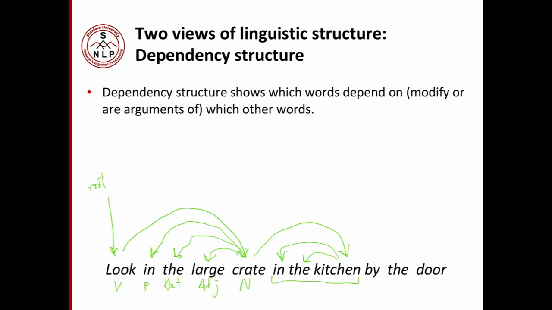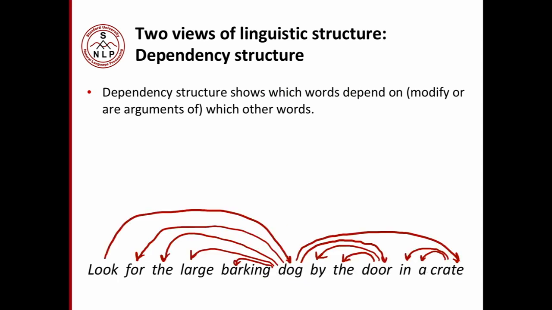It's saying it's a crate by the door. Okay, so that by the door is also a dependent of crate, and then we've got this structure of dependencies coming off of it. Okay, and so that's then the structure you get, maybe drawn a little bit more neatly when I did it in advance like this. And so we call these things a dependency structure.